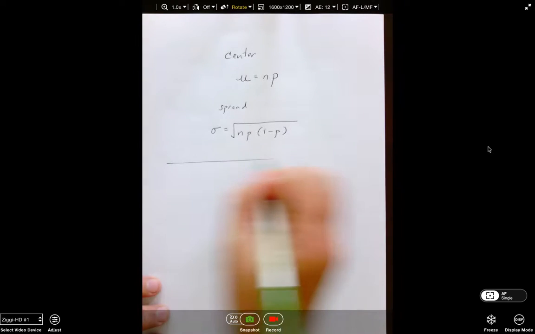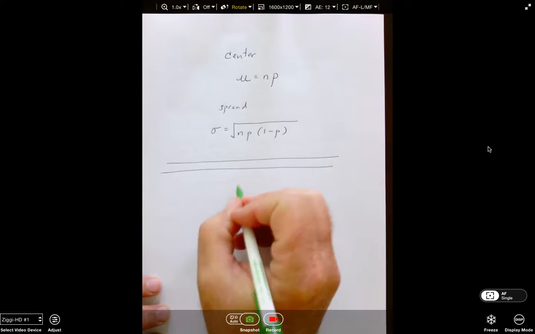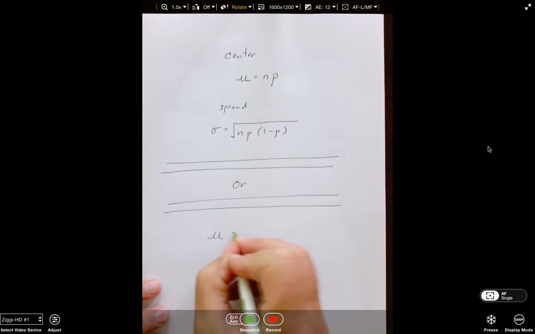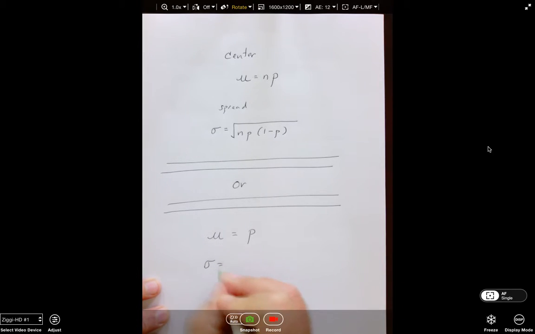Now, some notation that I see in a lot of other textbooks, we can just say that mu is equal to p and sigma is equal to the square root of p times 1 minus p over n. So I will illustrate that to you in a couple of problems, okay?